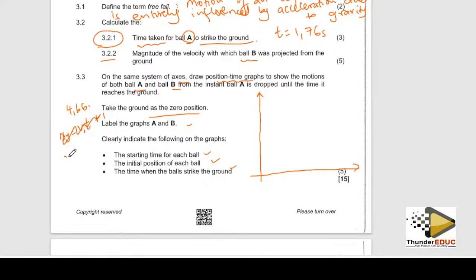Let me use v squared is equal to v initial squared plus 2g delta y. Okay, so my final is 0. That's 4.66 squared plus 2 times negative 9.8 delta y. So 4.66 squared gives me 21.716.